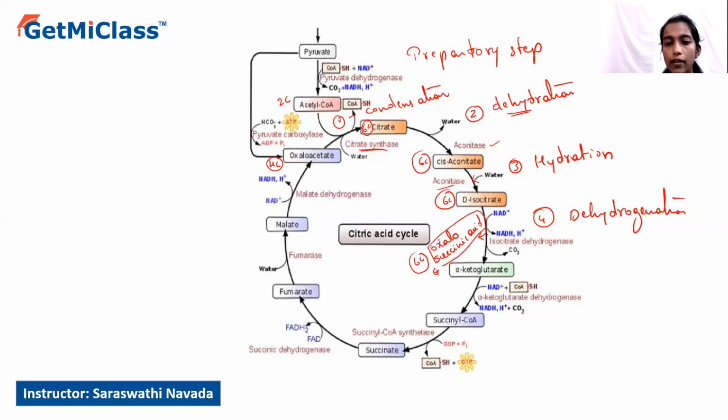Followed by this dehydrogenation, this oxalosuccinic acid undergoes decarboxylation. So the fifth step is decarboxylation here. It loses a molecule of carbon dioxide. As a result, it forms a 5-carbon organic acid, a keto acid, that is called alpha ketoglutaric acid.